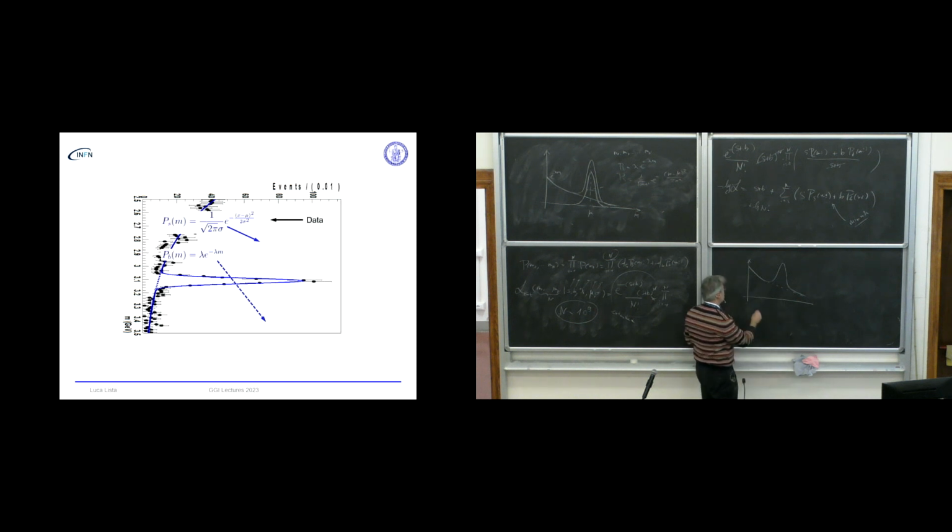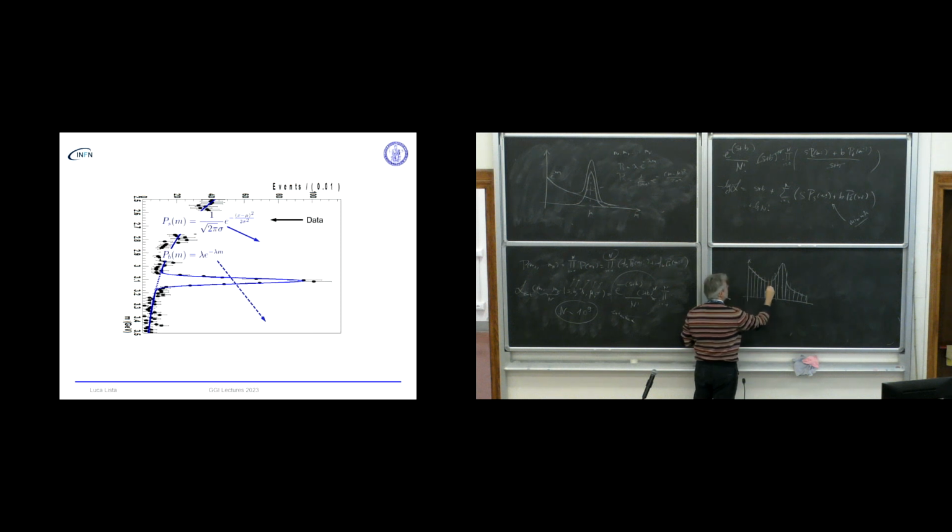So what you can do is divide this into a number of bins. They may be of equal size, but also of different sizes. And then what you're interested in at this point is not the exact shape, but the expected number of entries in each bin.